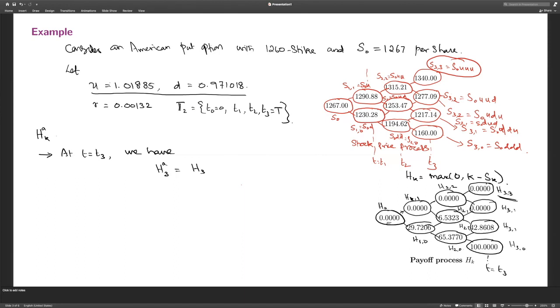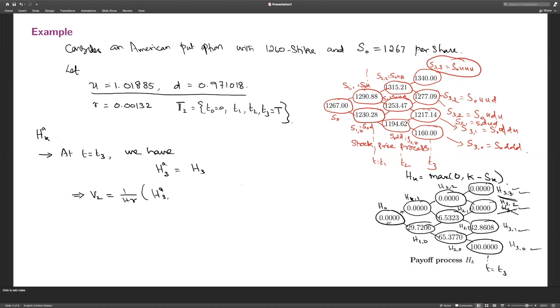That is, you have all these values as they are from the payoff. Okay, so that implies your V2 can be written as 1 by 1 plus R into HA3, and sorry, this is H32, not H31.